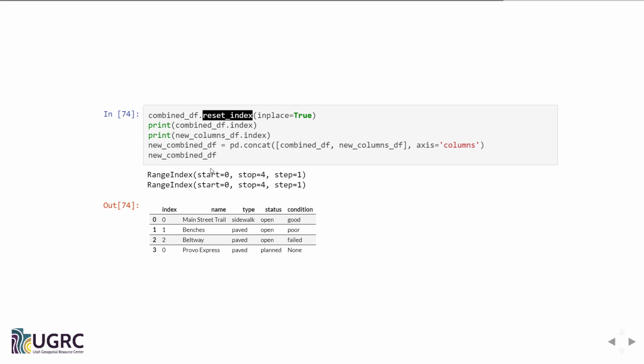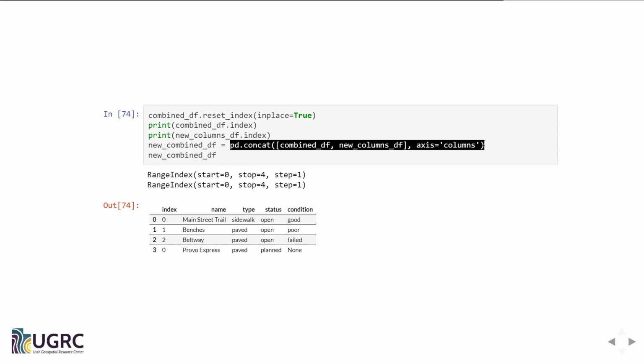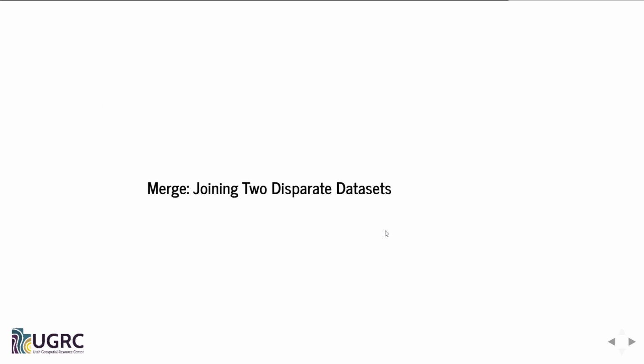And now they both have that same range index, 0, 1, 2, 3, and I can now concat those columns on. So the takeaway here is concat uses the index labels to align your new data with your existing data. So if your indices are off, the concat won't work.